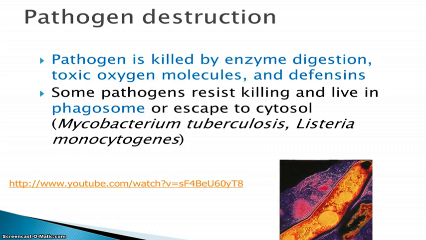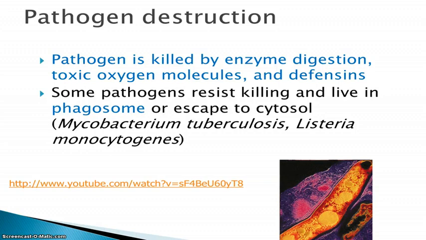Microbes are starting to evolve to be able to be engulfed by these macrophages and neutrophils, but before the lysosome meets with the phagosome, they escape. And then they are free to kind of run around the inside of that immune cell and hide from the rest of the immune system. That can be really profound. It's a good way for these cells to hide out until they gain good numbers.